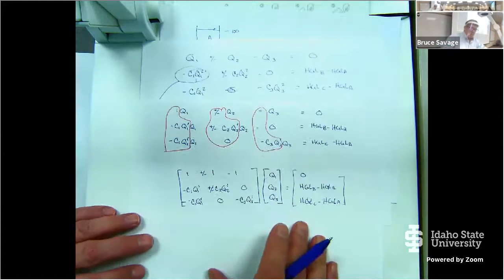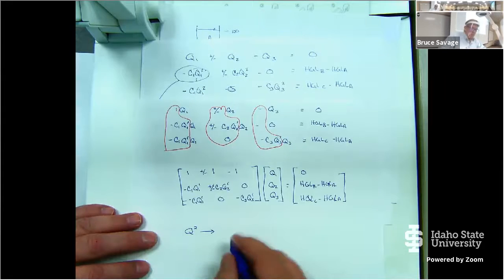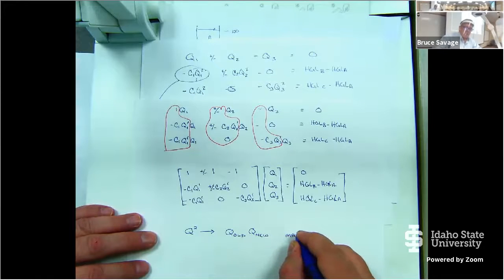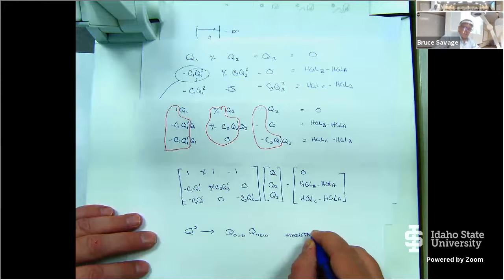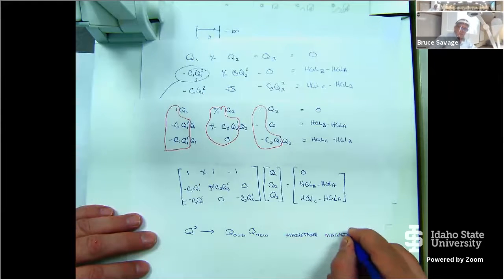Look at this. If I take q squared and let it become q old times q new, this is to maintain the value, the magnitude. That's the word I'm looking for. Maintain the magnitude.